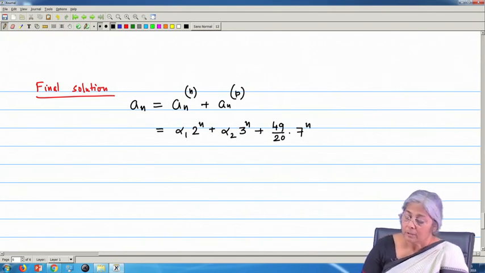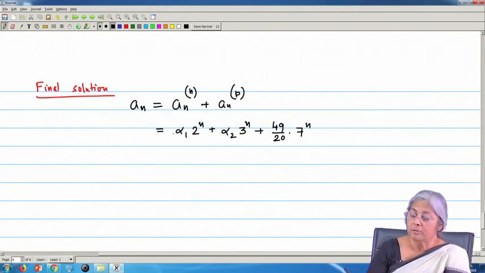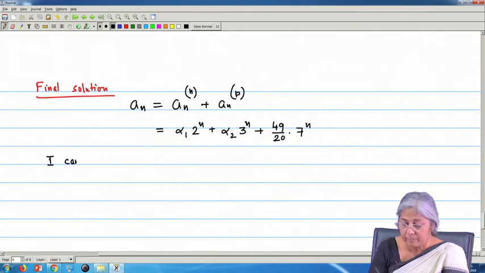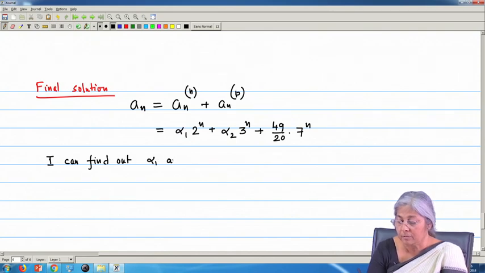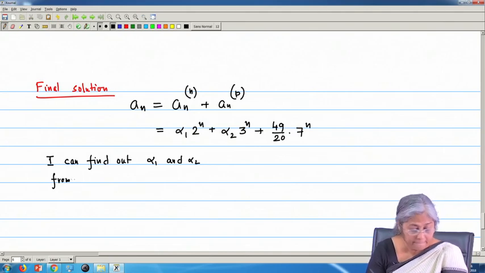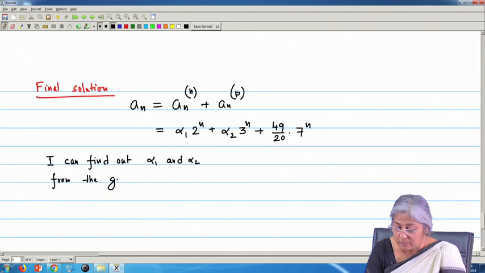Now, if I get some conditions, then I can find out alpha 1 and alpha 2 from the given initial conditions.